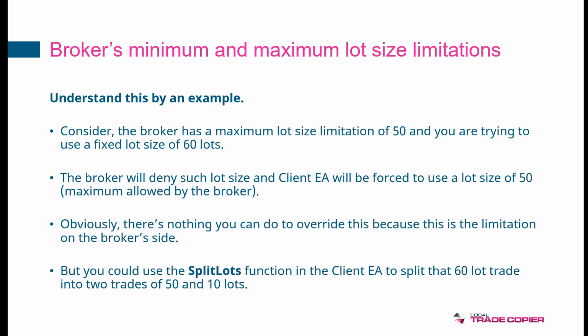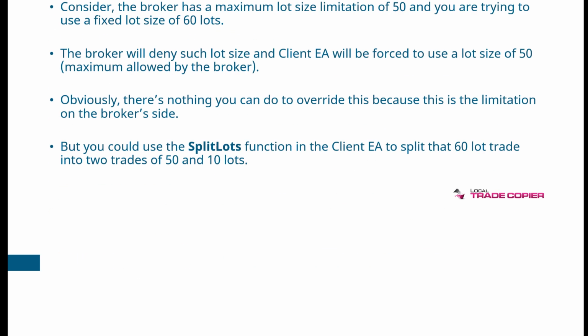So to avoid this, there is a parameter called split lots. It's a function in the client EA that lets you split that 60 lot trade into two trades of 50 and 10. So that's kind of a workaround if these limitations from the brokers are bothering you.